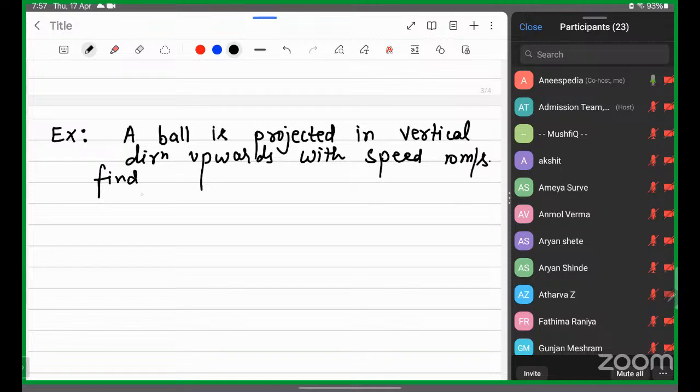Find, number one, the final velocity of the ball.